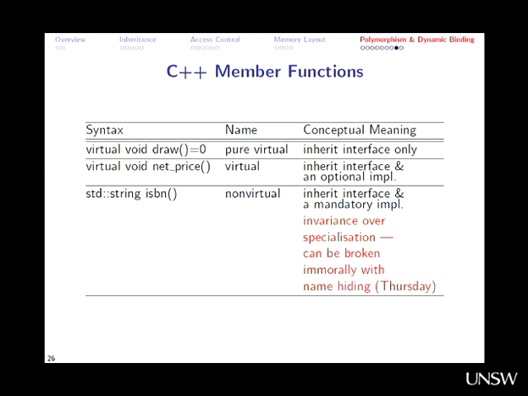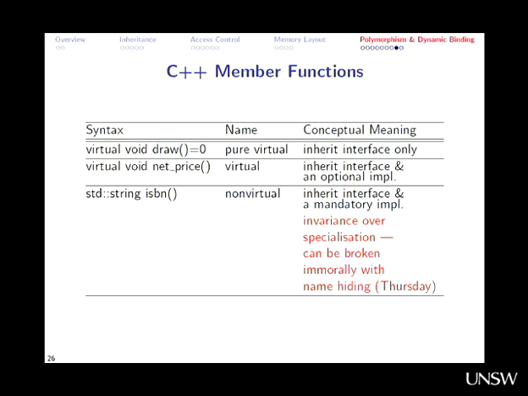It means that if a function ISBN gets inherited and it requires an implementation in the base class, but it can be hidden. If you attempt to define your own ISBN function, and the base one isn't virtual, what you end up doing is hiding the other one.